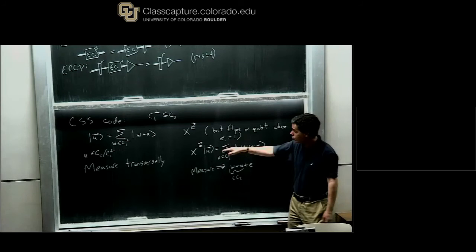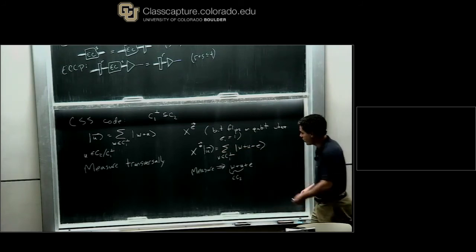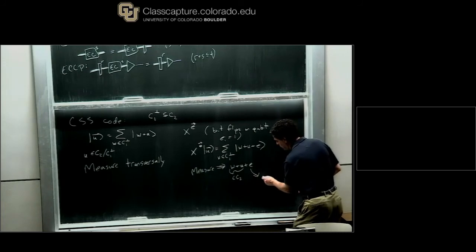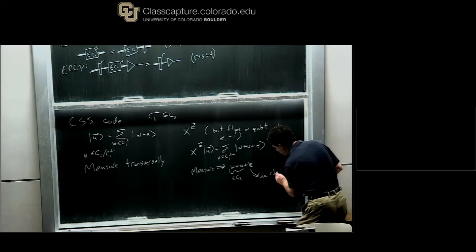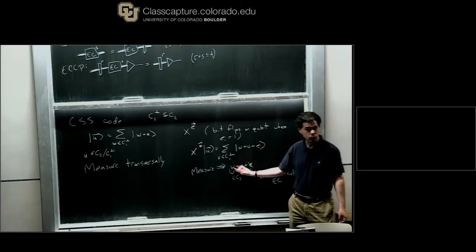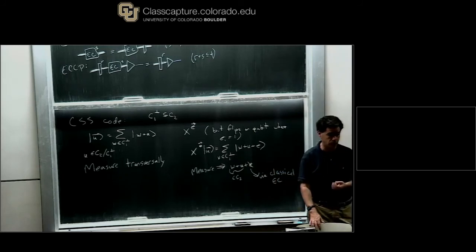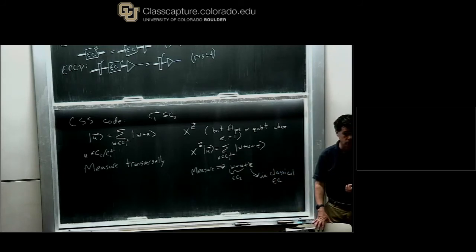So after doing this measurement, we apply the classical error correction procedure. We can figure out where E is and get rid of it. And then we're left with one of these code words of C2. And then we just have to figure out which coset C2 mod C1 perp we have. Okay?